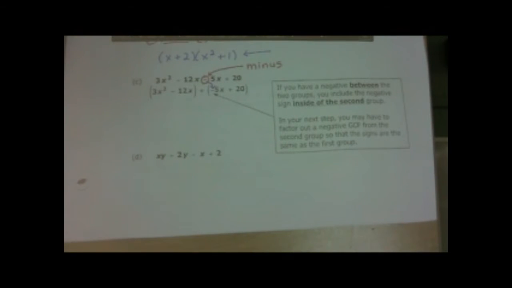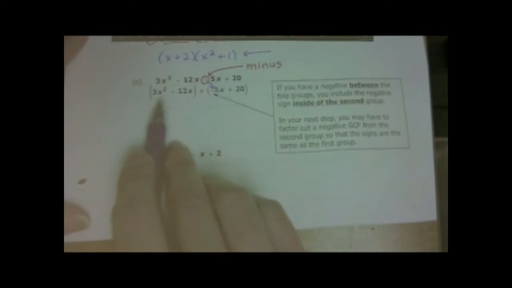It's very important that you do that, or your signs will get all mixed up, and you won't have a common binomial factor, and you'll be stuck. All right, so that's why this is very important. Now, what this means, my next step is to factor out the greatest common factor. From my first group, my greatest common factor is 3x.